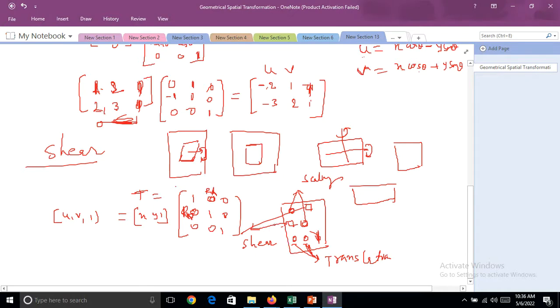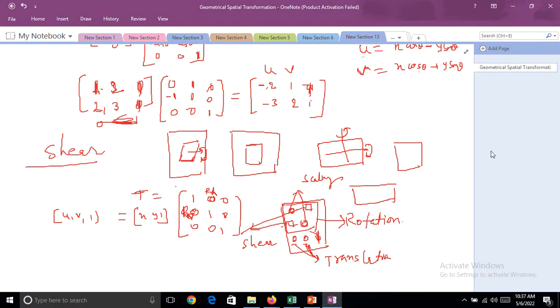And shear and scaling both together, if you put all these four, are for rotation. So by multiplying this operator with every pixel coordinate, you will get different kinds of transformation, which is called spatial transformation. So please take note of this.